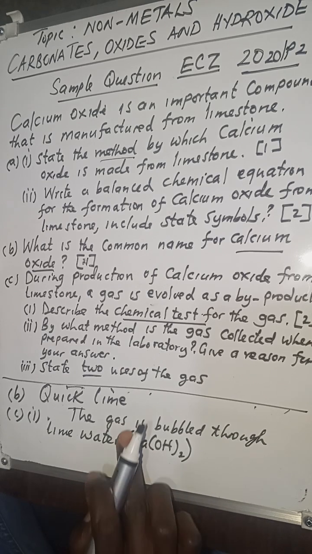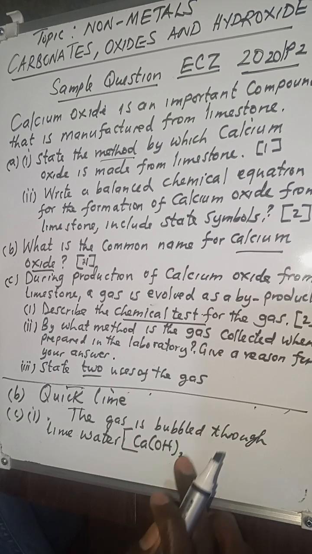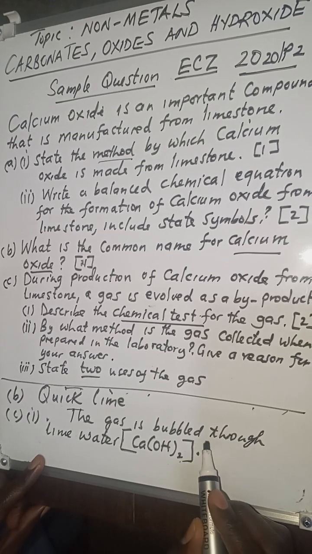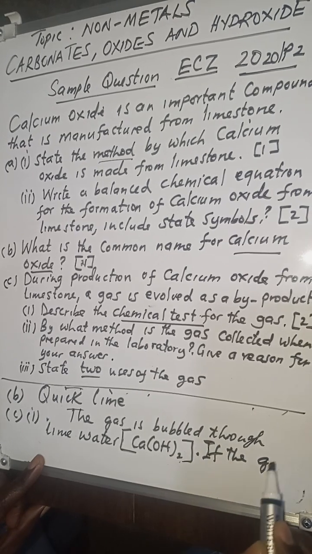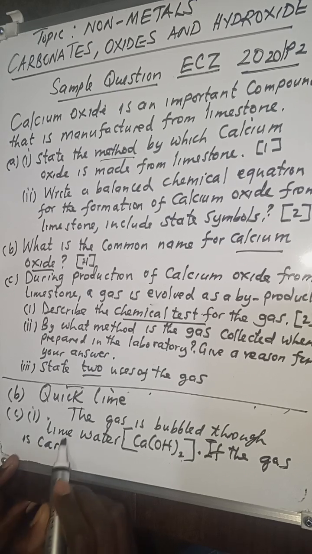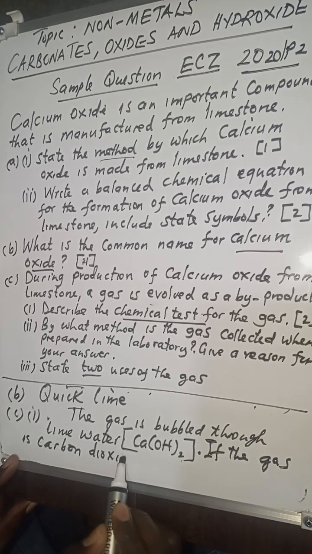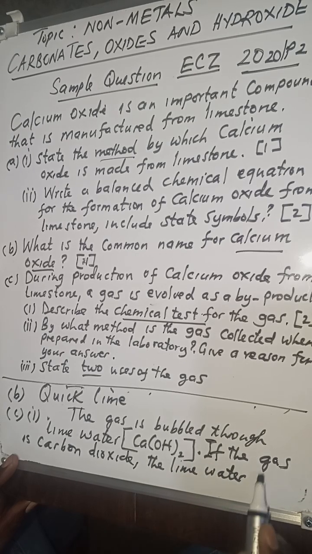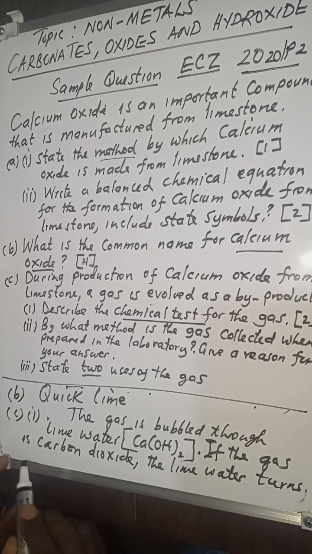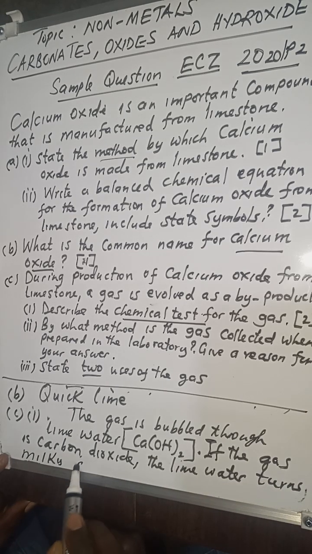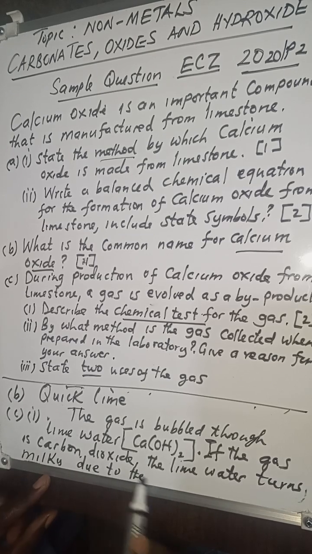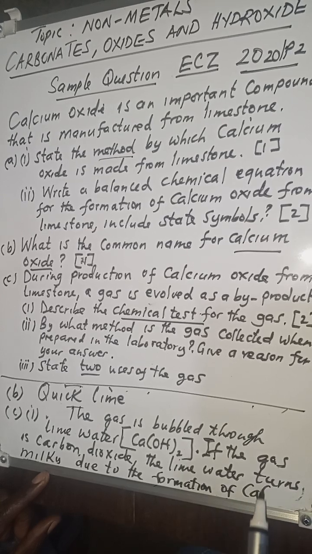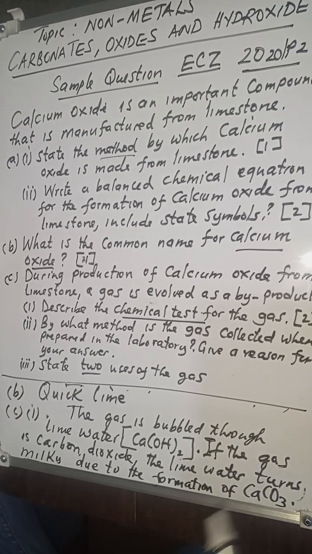So if the gas is bubbled through lime water, if the gas is carbon dioxide, the lime water turns milky due to the formation of calcium carbonate. Sorry, you can write that in words.